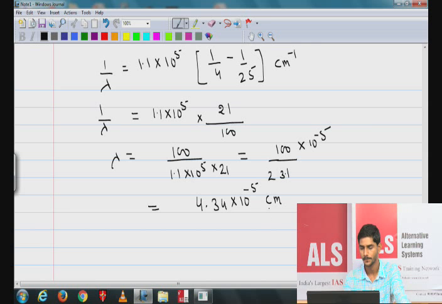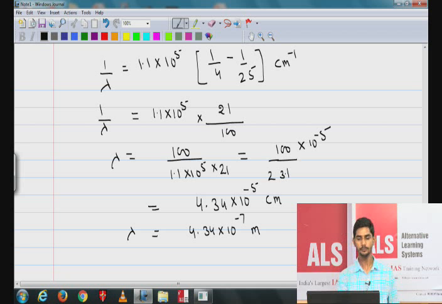You can convert it into meters. If you convert this into meters, your answer will be 4.34 into 10 to the power minus 7 meters. Guys, this is the answer. Even you can mention the unit over there.